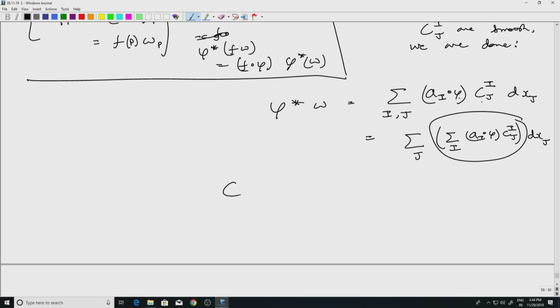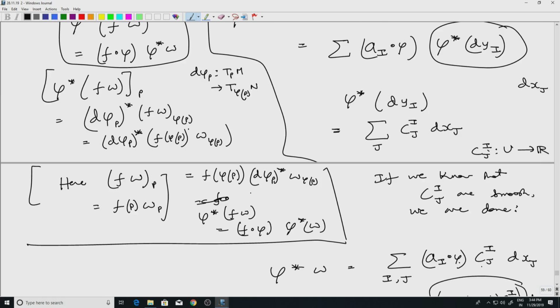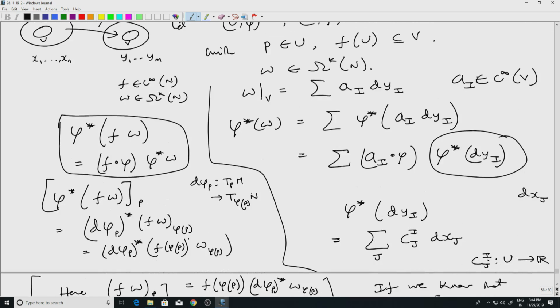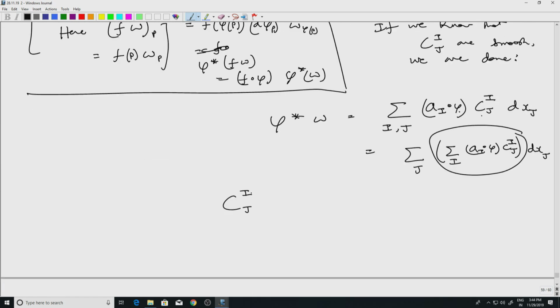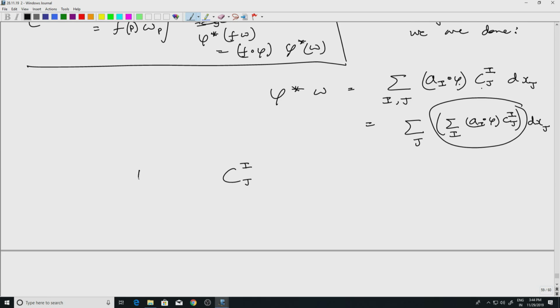But what was c_IJ? We had phi star dy^I equal to c_IJ dx^J. This was the definition of this function c_IJ.